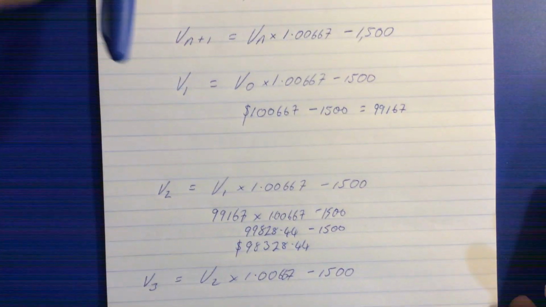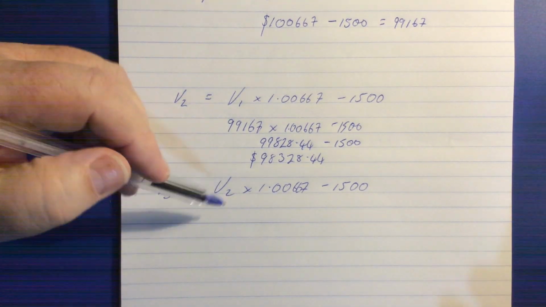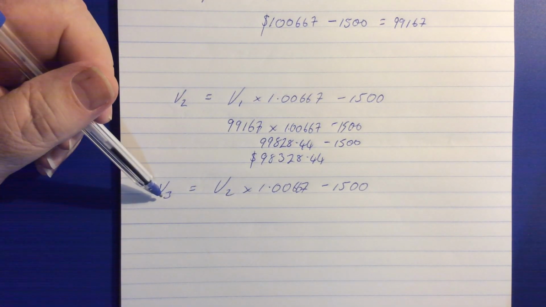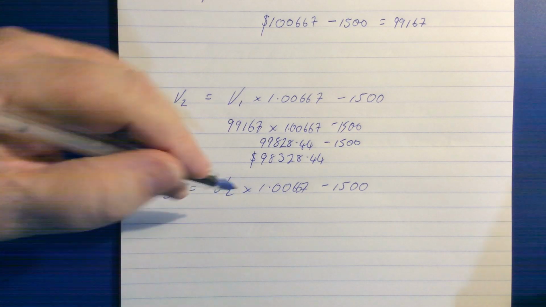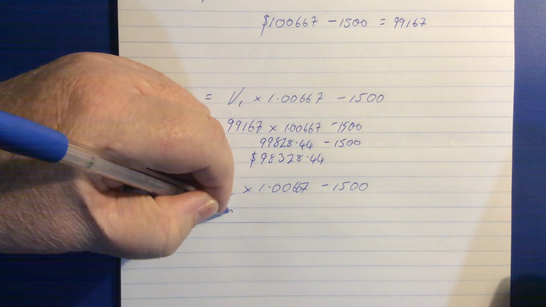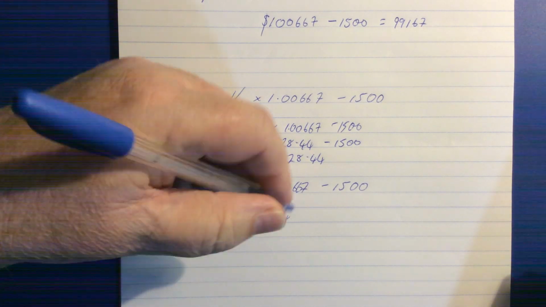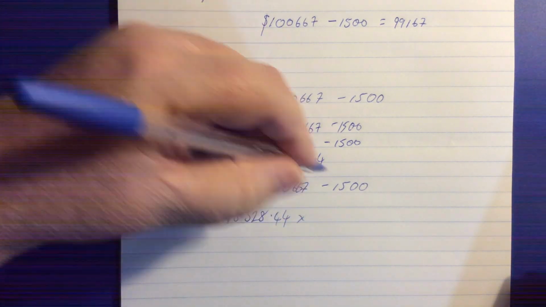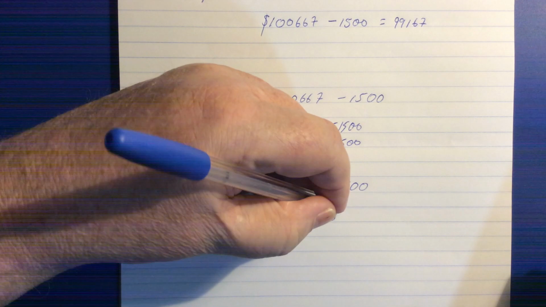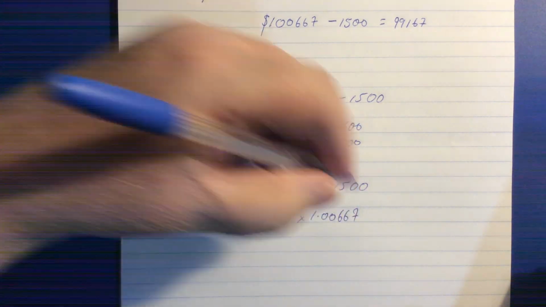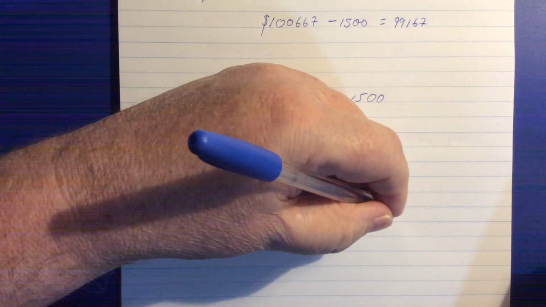So we're getting down to the end of this, and we will have finally calculated the value of this loan after 3 months. So for this, we take V2, $98,328.44. We multiply it by 1.00667, and we subtract $1,500.